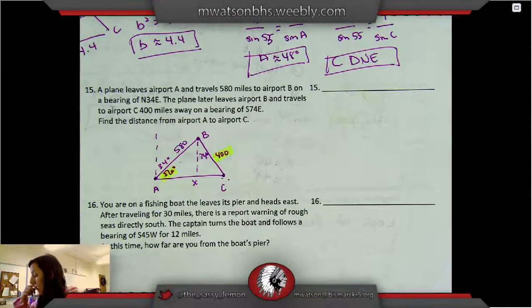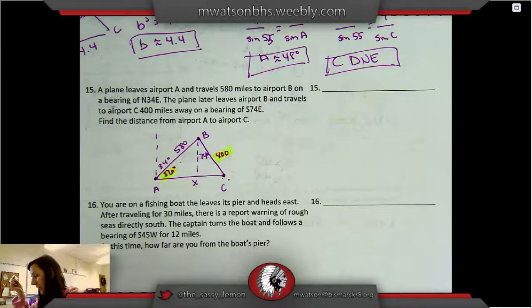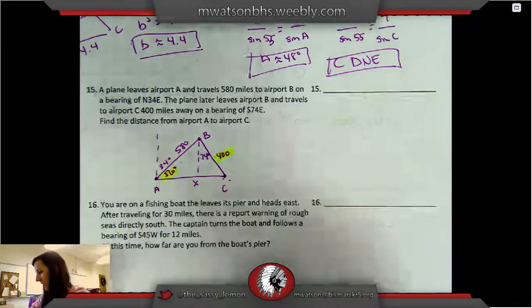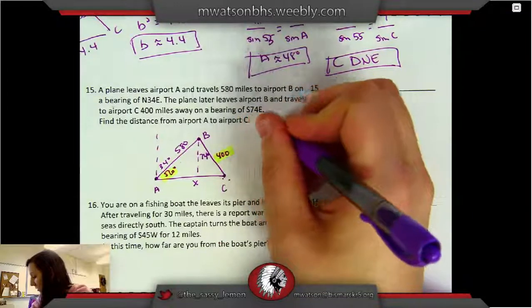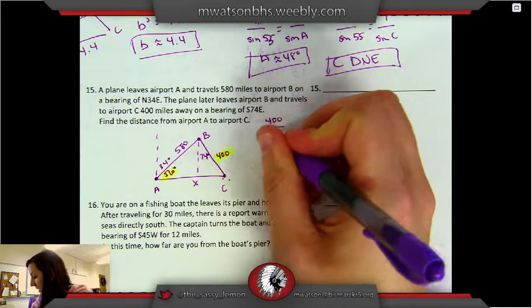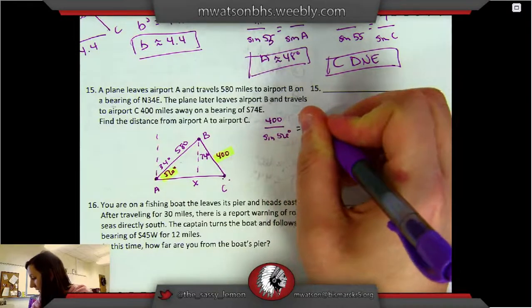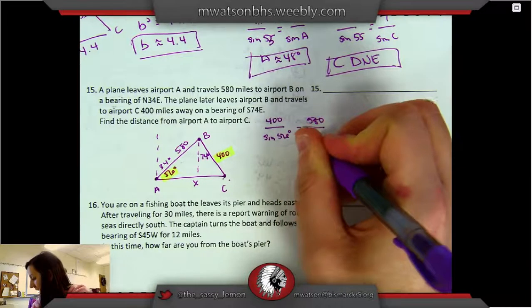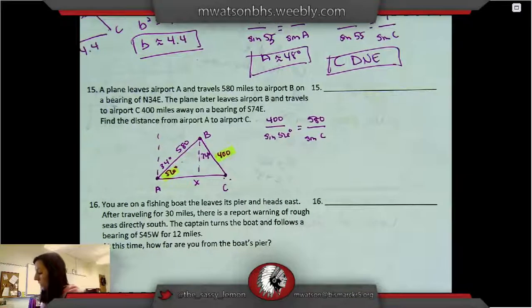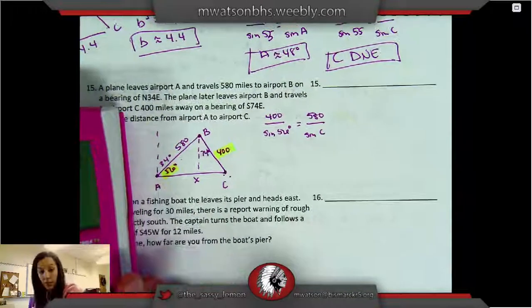So I can actually get around using the law of cosines entirely. So I'm going to do 400 over sine of 56 equals 580 over sine of C. And I'm going to cross multiply and divide and do the inverse sine.